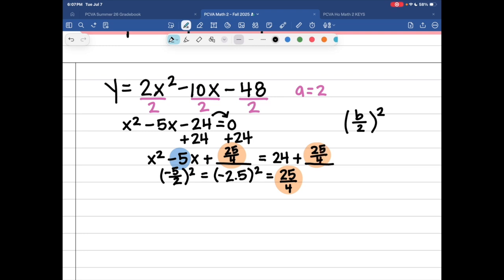Okay, now here's where you got to think about what we did previously. I have x squared minus 5x plus 25 over 4, or you can do it as a decimal as long as you don't have to worry about rounding.